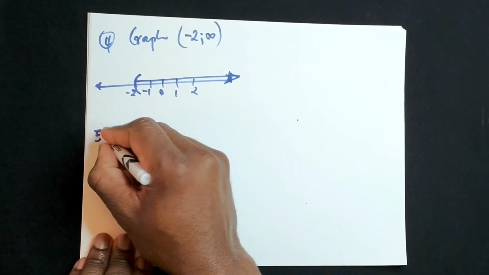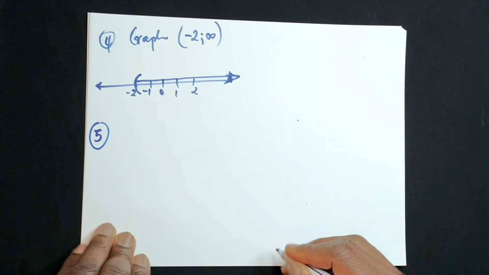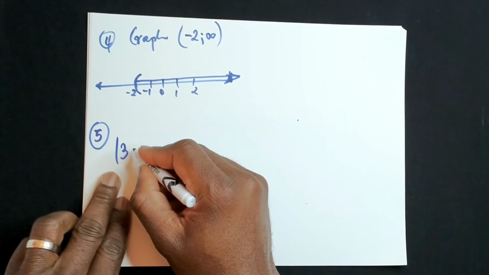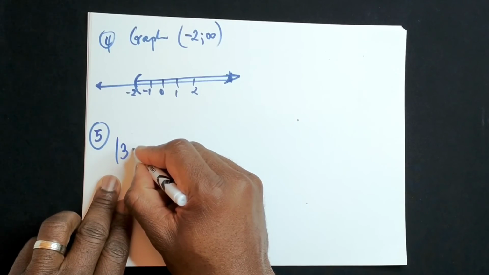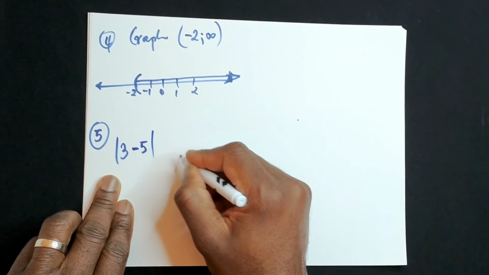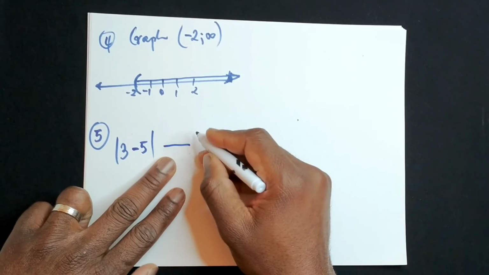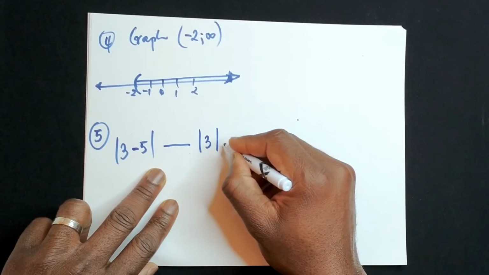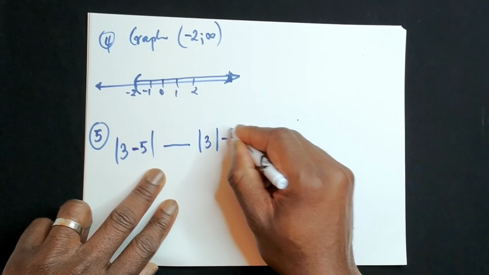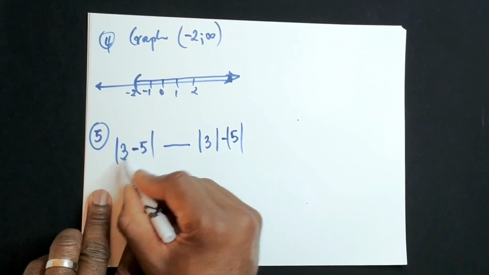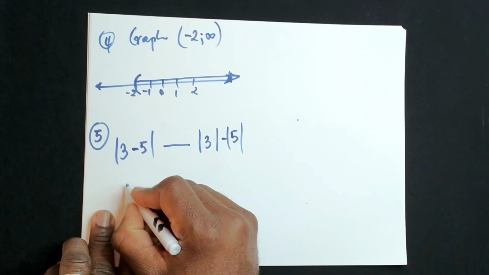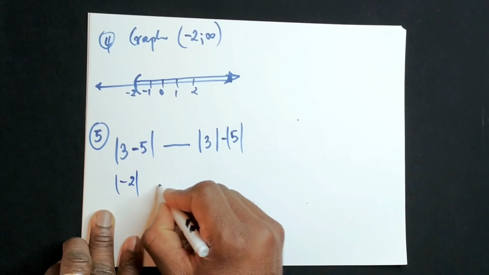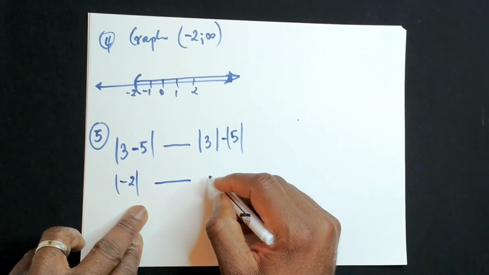So we have number 5, which asks us to fill in the blank. We have absolute value of 3 minus 5, and this is where we have to fill the blank, absolute value of 3 minus 5, absolute value of 5. So we know here that we have absolute value of negative 2, and then we have to fill this.